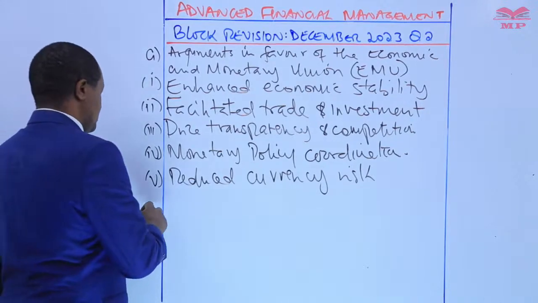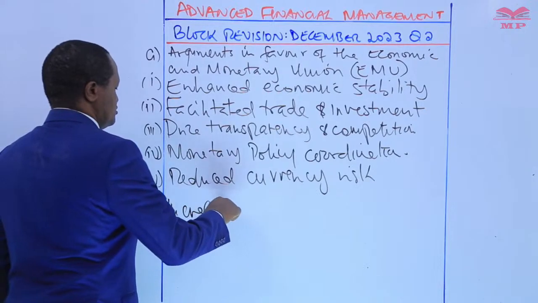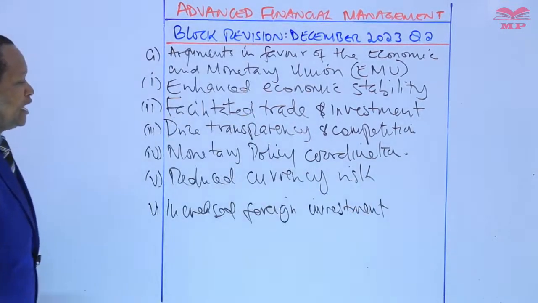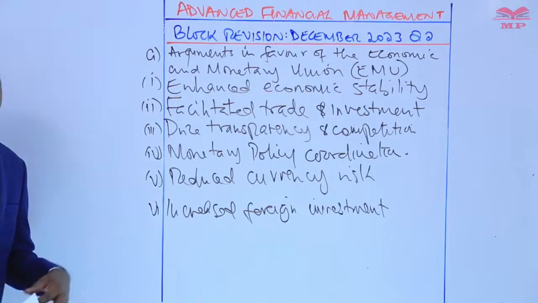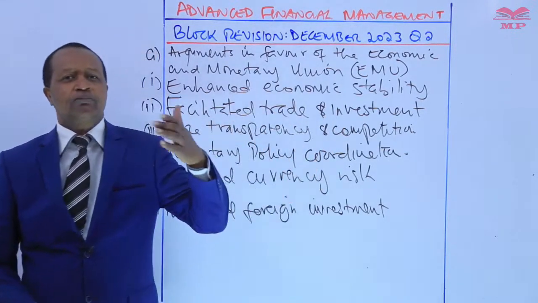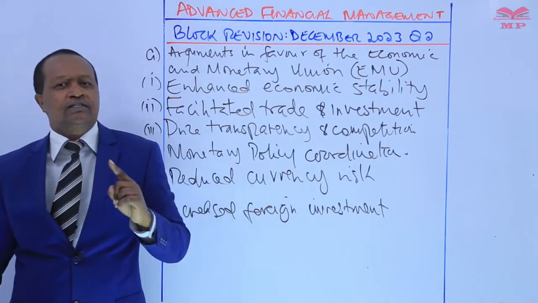Then lastly, increased foreign investment. EMU can attract foreign investment by creating a large and stable economic bloc with a single currency.